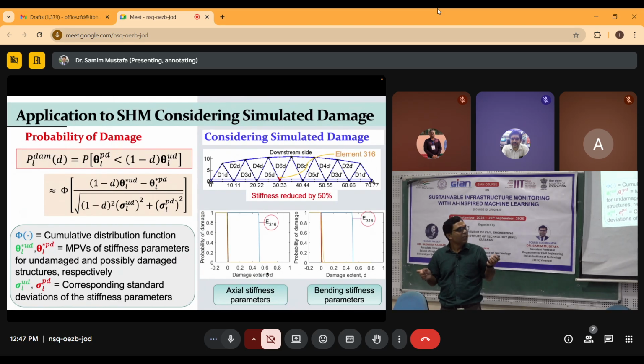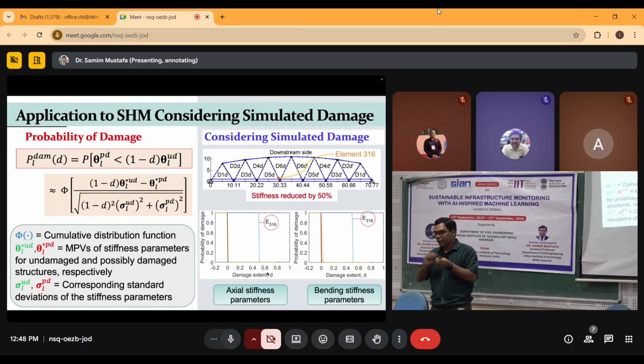This is done by numerical simulation, because in this bridge the first span had no damage. So we introduced simulated damage, a 50% reduction in stiffness of one of the members, and then evaluated the modal parameters.